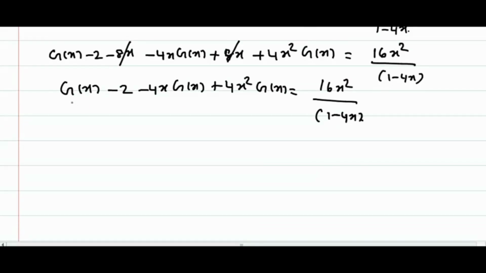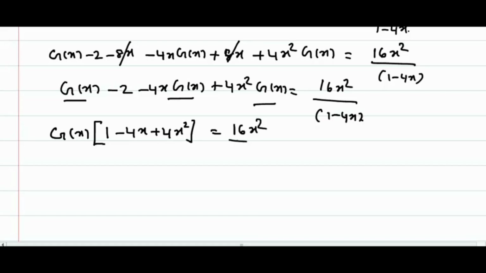So collecting the g of x terms on the left hand side, the remaining terms you should bring to the right hand side. So we take g of x common: 1 minus 4x plus 4x square, equal to 16x square by 1 minus 4x. Minus 2 is there; if you bring that term to the right hand side, we get plus 2. Here we take LCM.